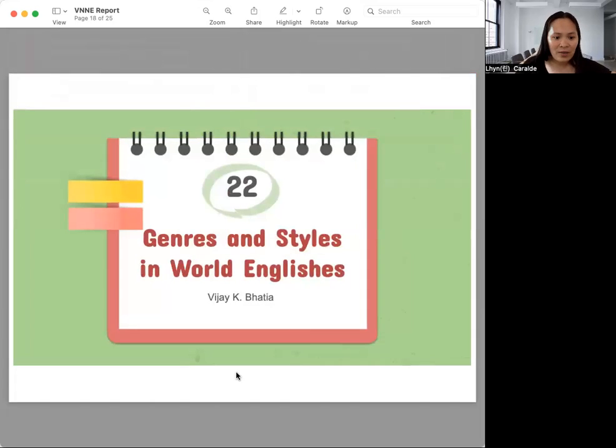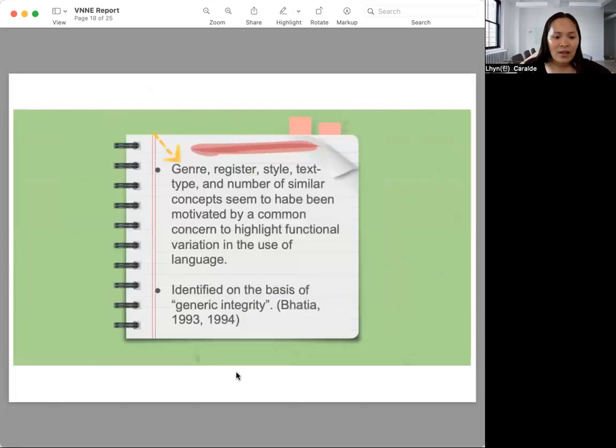So the last one, let's go to the genres and styles in world Englishes. Genre, register, style, text type, a number of similar concepts seem to have been motivated by a common concern to highlight functional variation in the use of language.